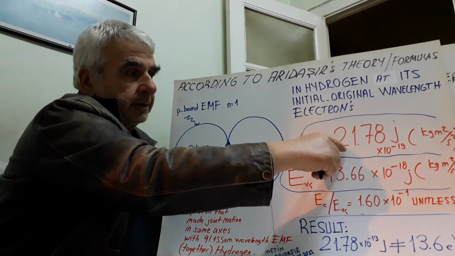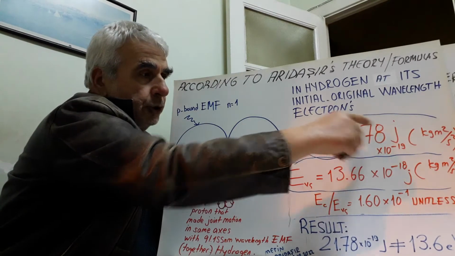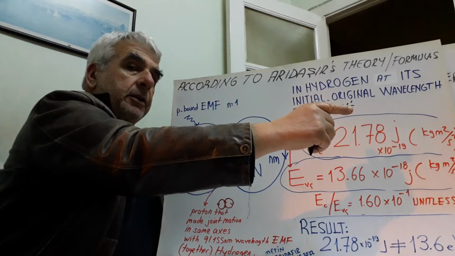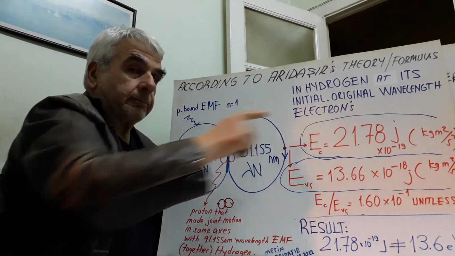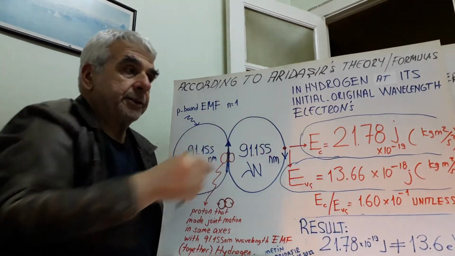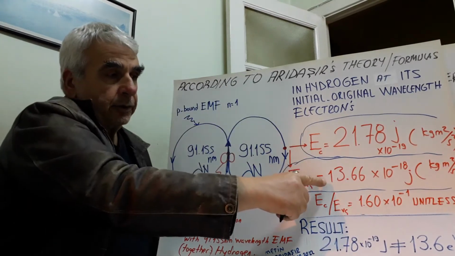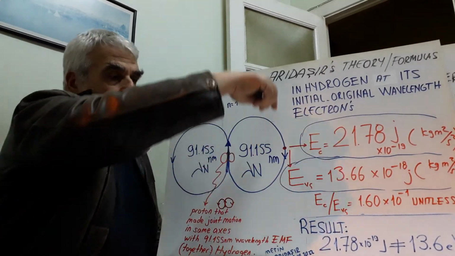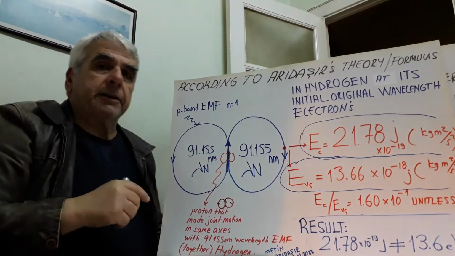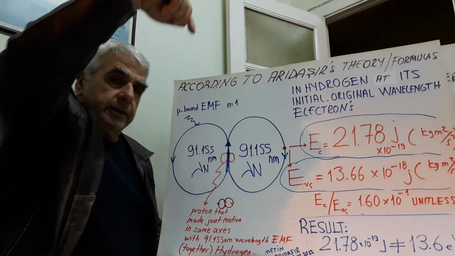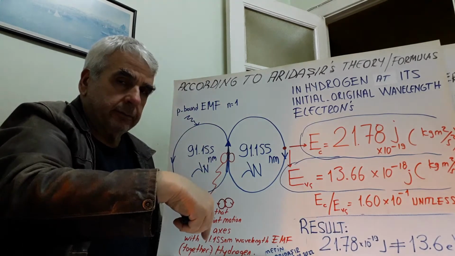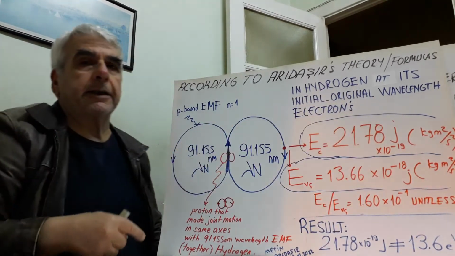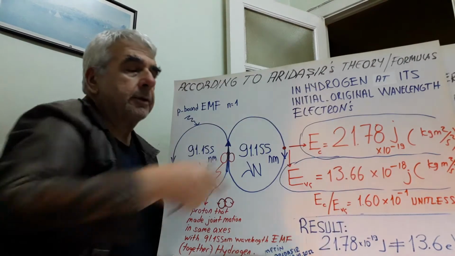And here 21.78 joule is for what? For the C component, speed of light component, mass's energy, and this 13.66 etc. is the 1,884,000 km per second linear velocity direction mass component's energy in joule again, not in eV, in joule.